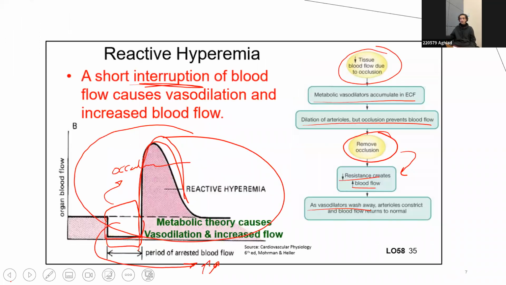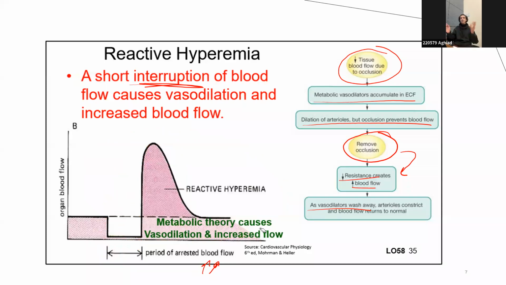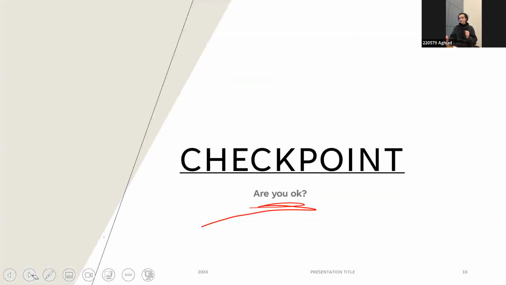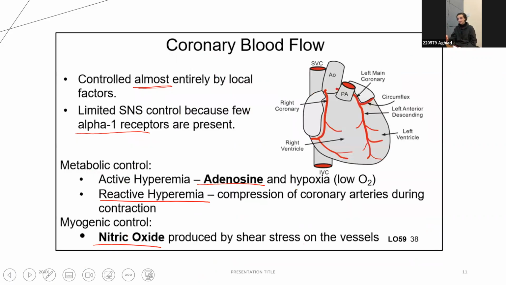You see the occlusion here, for example due to muscle contraction. Strong muscle contractions can constrict the vessels a little bit, and then once they relax, a surge of blood comes to compensate for the metabolites that accumulated during the constriction. Clear? If it's not clear, please tell me. I'll give you some time. Is it clear so far for whoever asked?